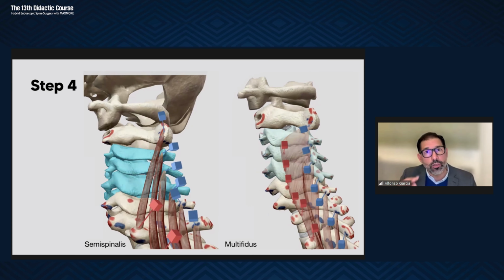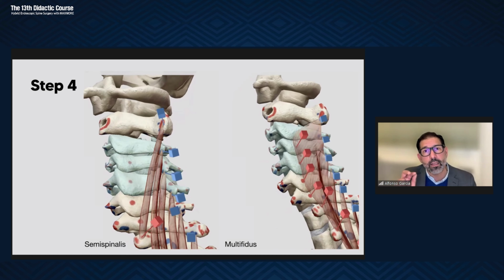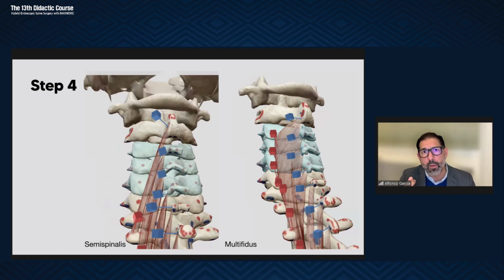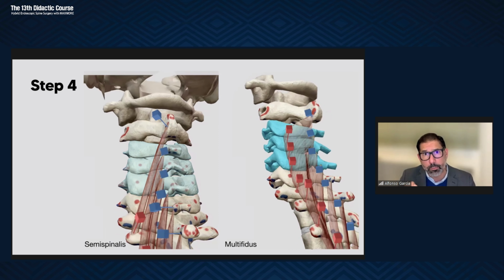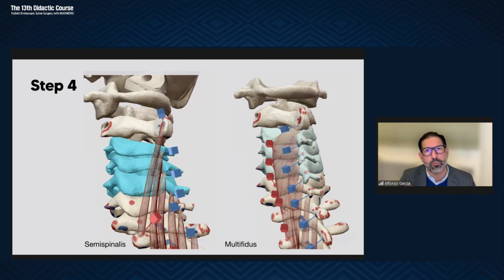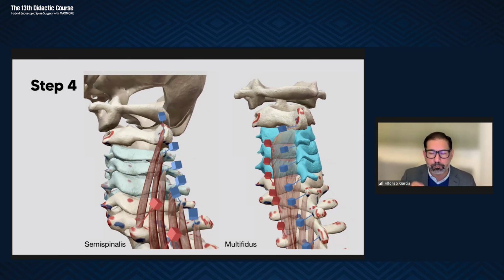Again, I use the Kelly hemostat because it has a non-traumatic tip, with which I can palpate the bone very well and very safely. And then I take an x-ray just to be sure that I'm on the right level.